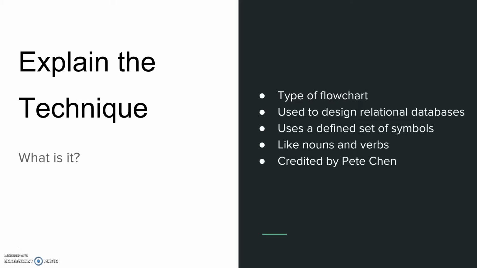Also known as ERDs or ER models, they use a defined set of symbols such as rectangles, diamonds, ovals, and connecting lines to depict the interconnectedness of entities, relationships, and their attributes. They mirror grammatical structures with entities as nouns and relationships as verbs. Peter Chen is credited with developing the ER model in the 70s.